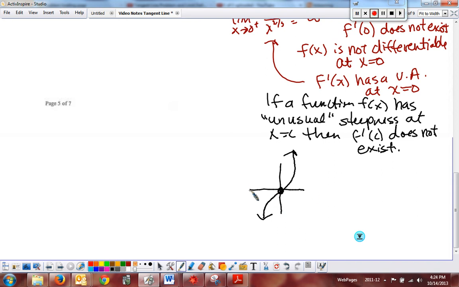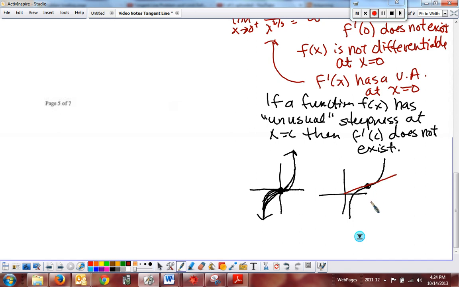It's actually going to have a slope of 0 when it comes in here and then goes out this way. You can also have functions where your slope doesn't have to be 0 or undefined. It could be along these lines, and if you draw the tangent line in, that tangent line actually does have a positive slope. So you just don't go by the fact that there's a point of inflection there.